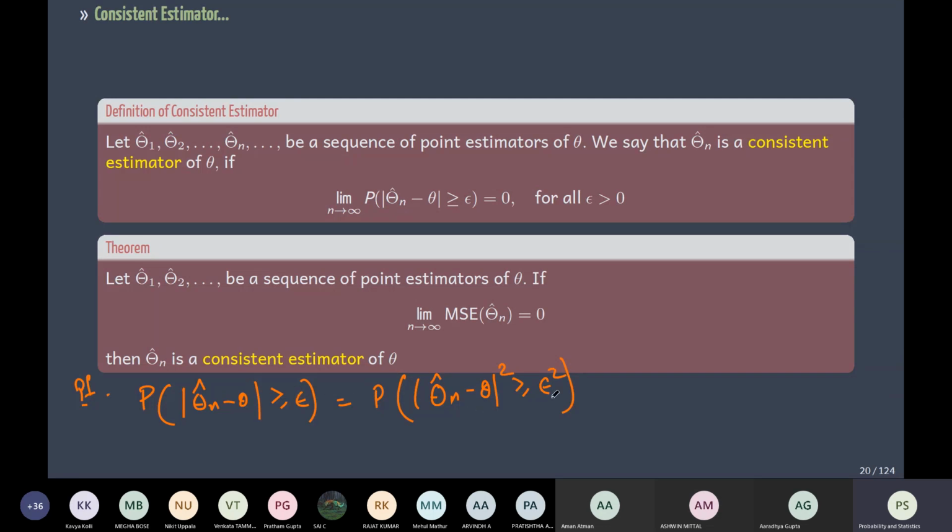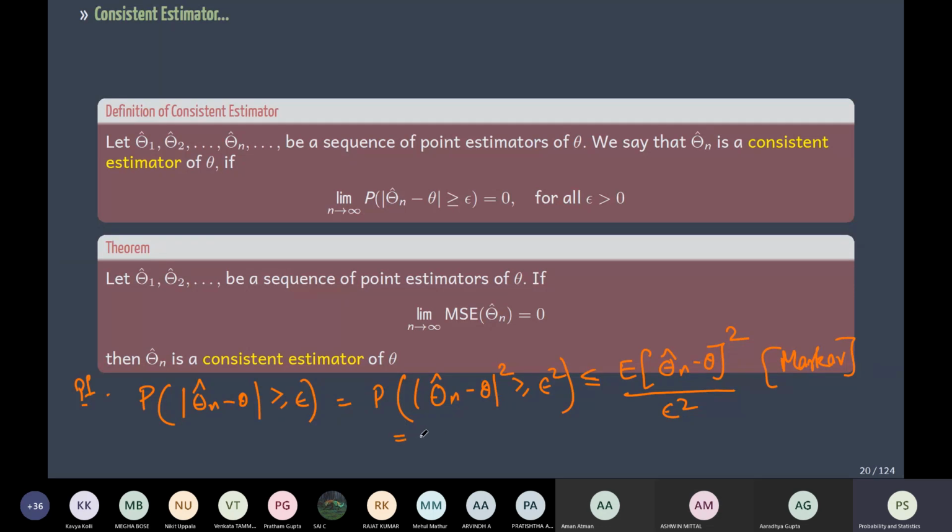I can square both sides and maintain this. Now I apply the Markov inequality: (theta hat n minus theta) whole squared, divided by epsilon squared. So this is due to Markov.